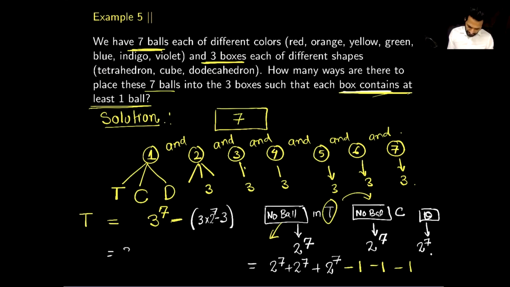So this will be 3 to the power 7 minus 3 times 2 to the power 7 plus 3, because there were 3 additional possibilities which I removed twice, but I need to keep them in the count without restriction. So I will add them back. And if I calculate, the total is 1806.